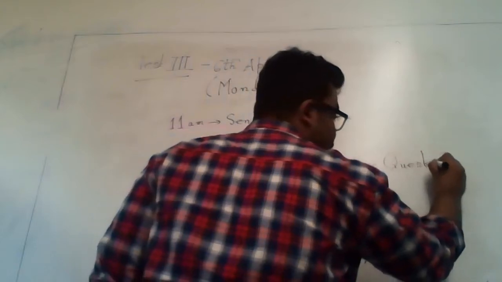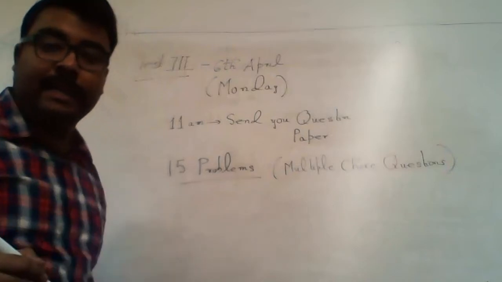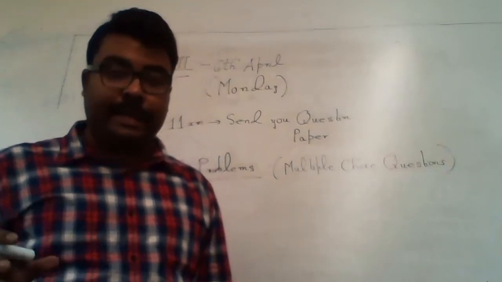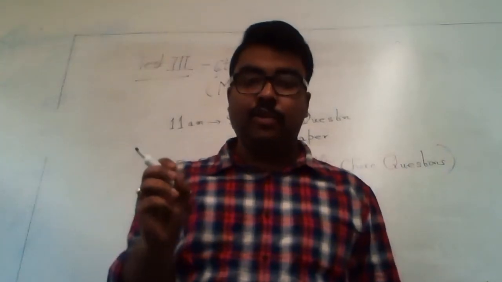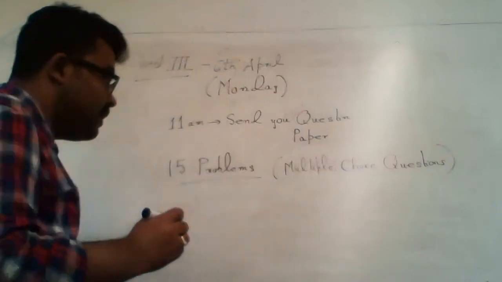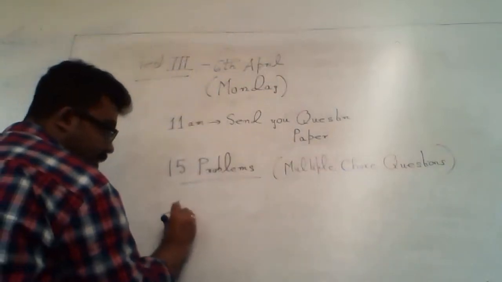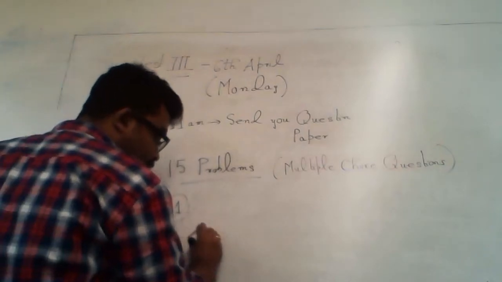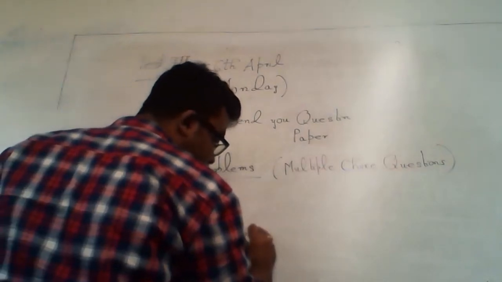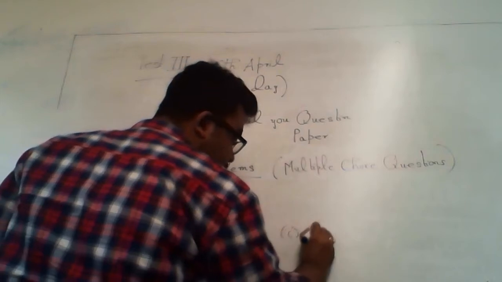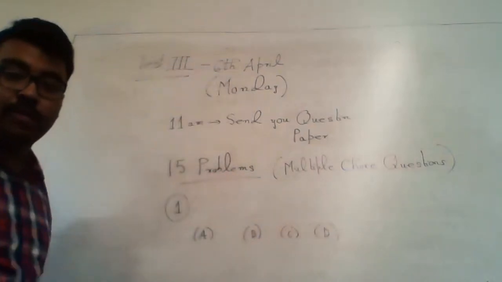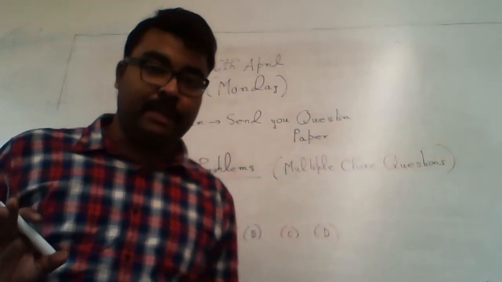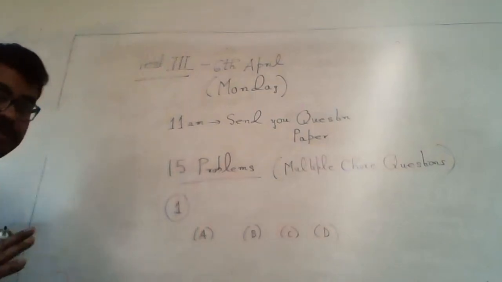So what does that mean? That means that you will be given 4 choices for each question. For example, you will be given number 1 and you will be given the 4 choices A, B, C and D. Out of these 4 choices, 1 is correct, right? This is for all these 15 problems.